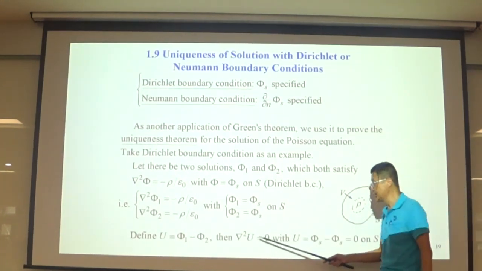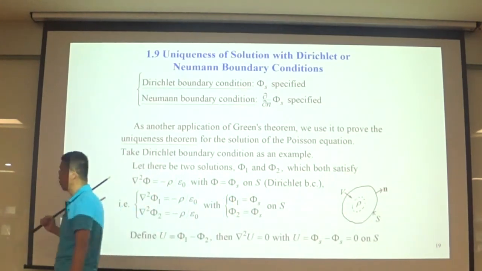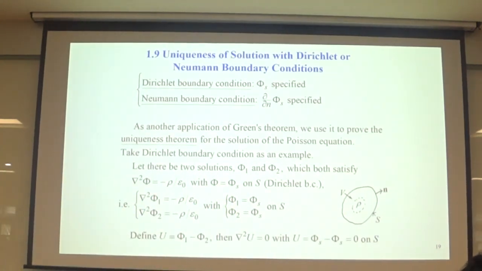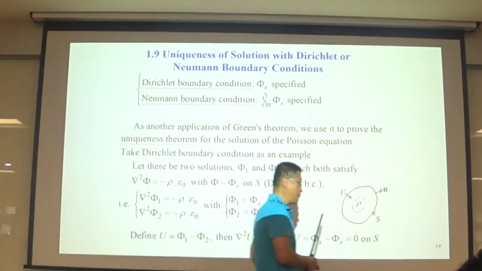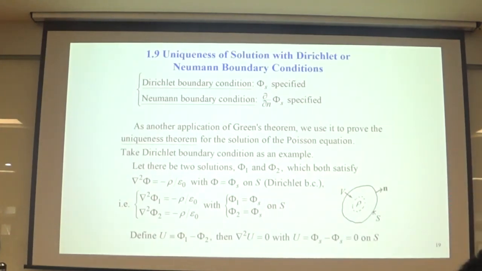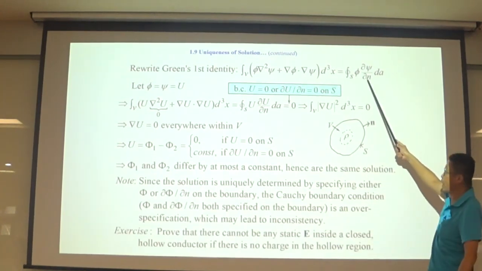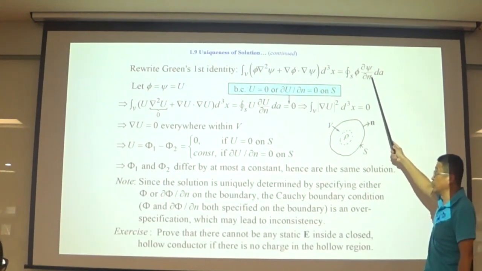Then, let's substitute phi and psi. Let's use these properties. See what will happen. Let's use this property, Green's first identity.